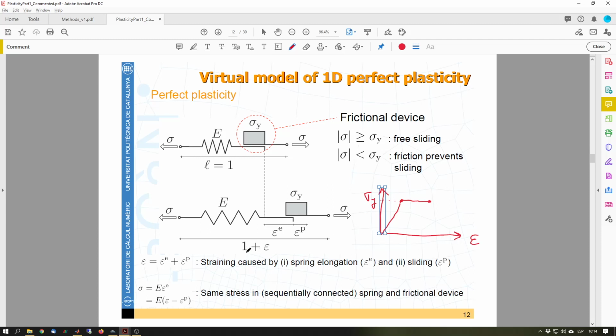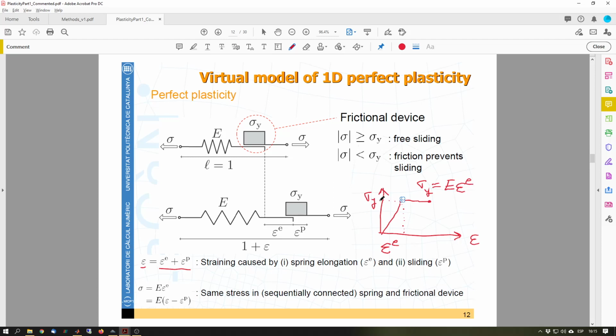The total strain is equal to the sum of the two. I have reached that value, which will be my epsilon e, and that gives me the value of sigma y. So my sigma is equal to the Young modulus times epsilon e, and that will be my value. Throughout this branch I have this behavior, sigma equals the Young modulus times epsilon e.